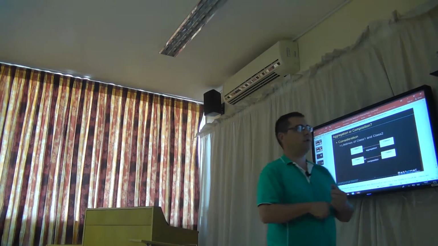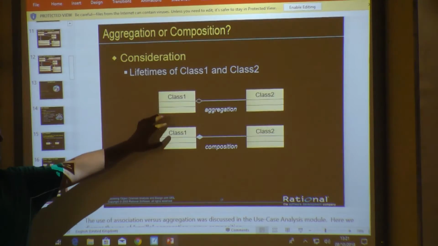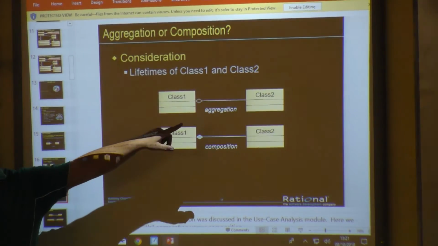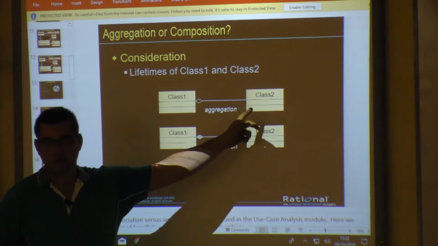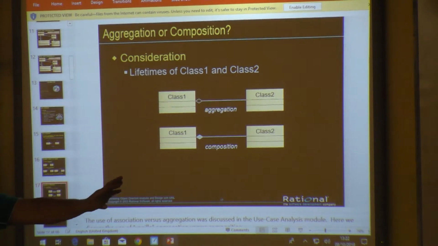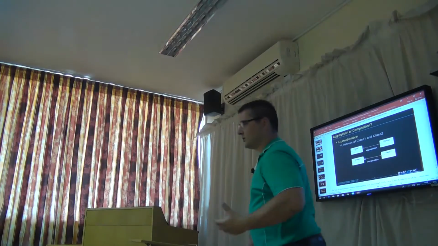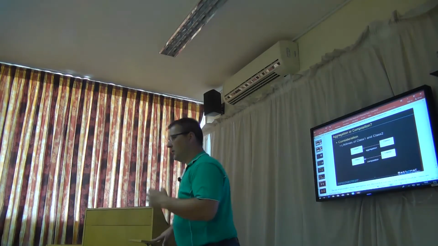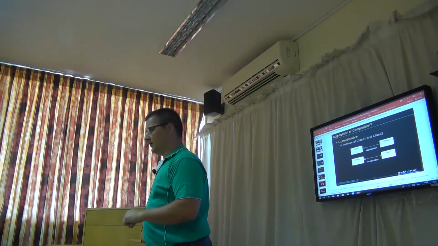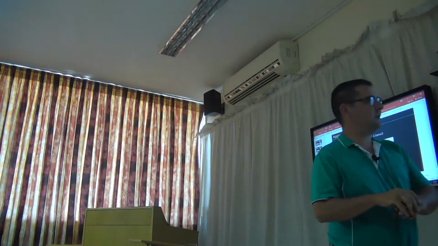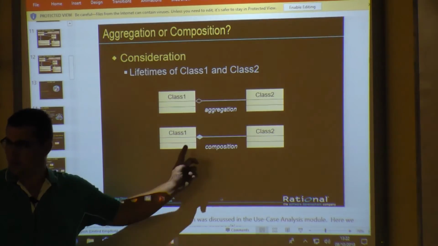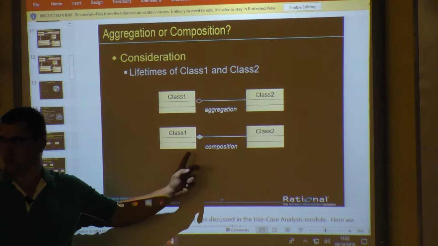They're saying that we need to look at the lifetime of class 1 and class 2. If class 1 is outliving class 2, or any object created of that class, that means that it's going to be aggregation. But if the two are created at the same time and they are depending on each other, then it will be composition.